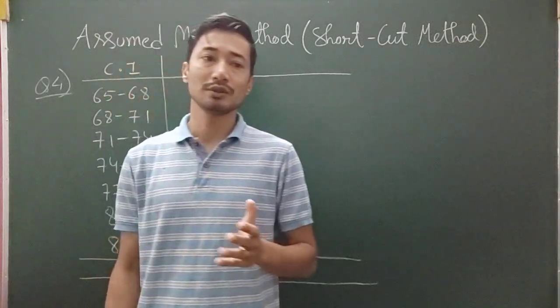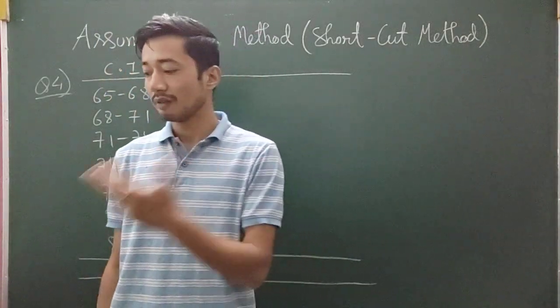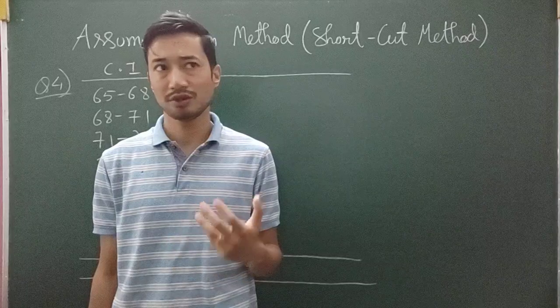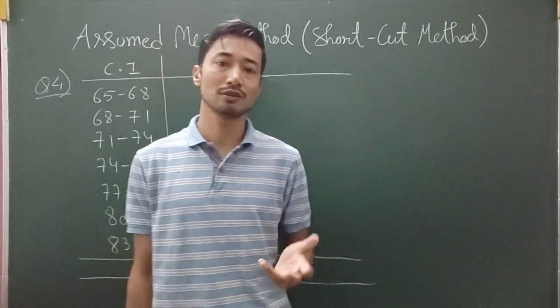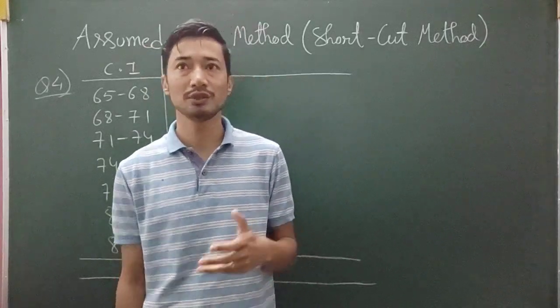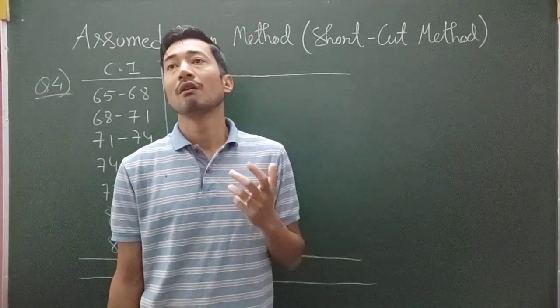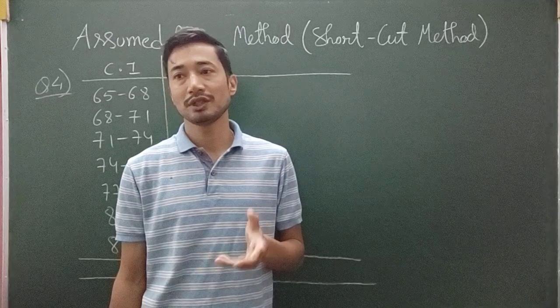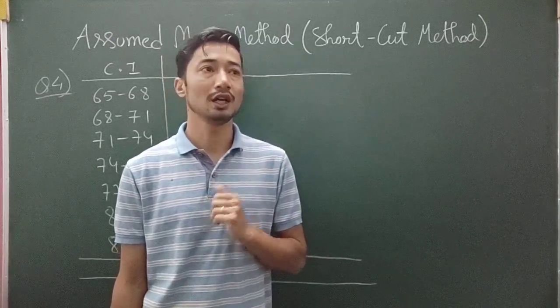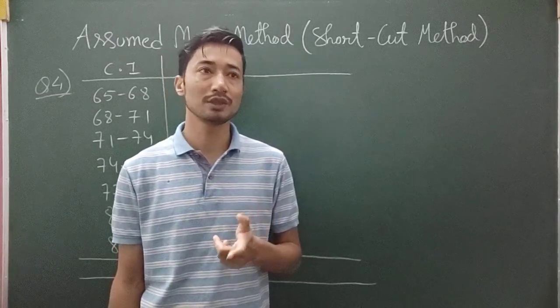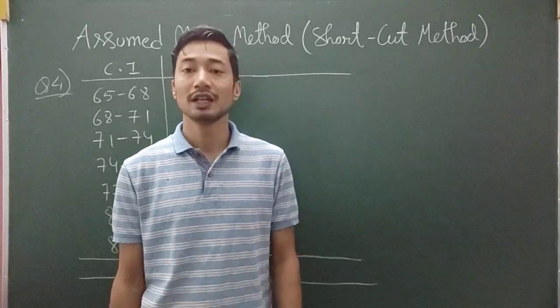Last class I told you that if the method is not given, you can choose your own convenient method. I also told you that generally we use the direct method when the population is small, the assumed mean method when the population is medium size, and the step deviation method when the population is large.